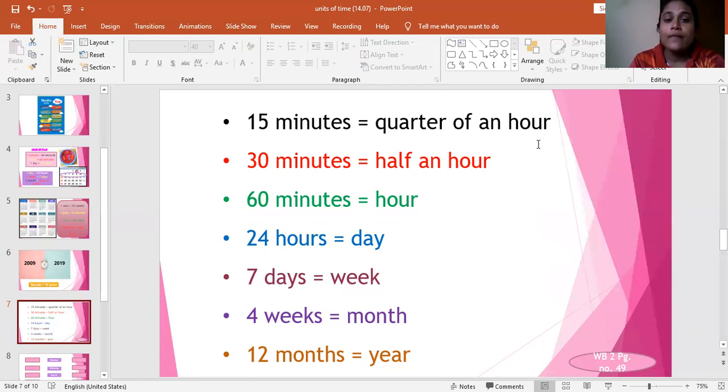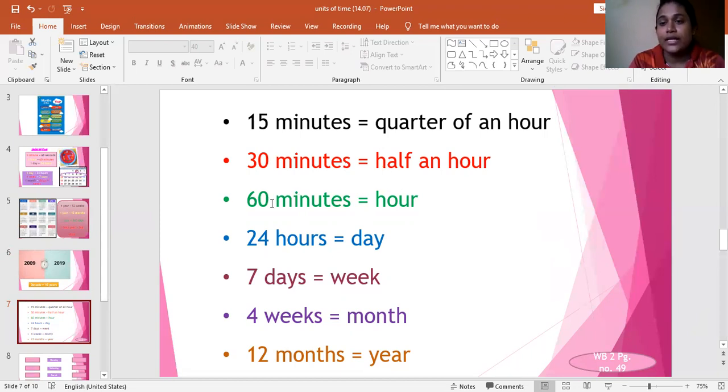And also, when it reaches 30 minutes, we call it half an hour. Half past 6, half past 7. Likewise, we read the time by looking at the clock. So 30 minutes equals half an hour.